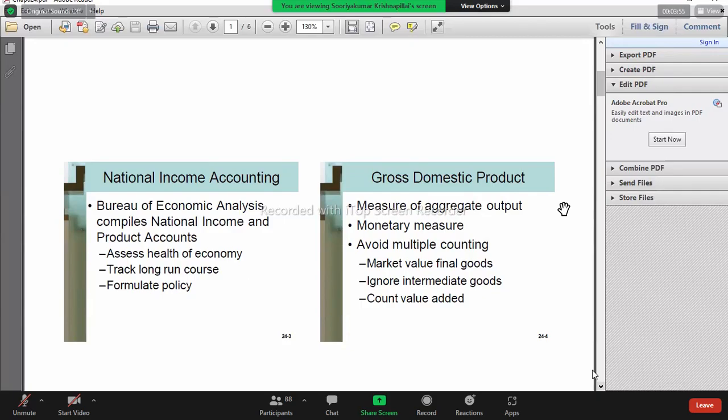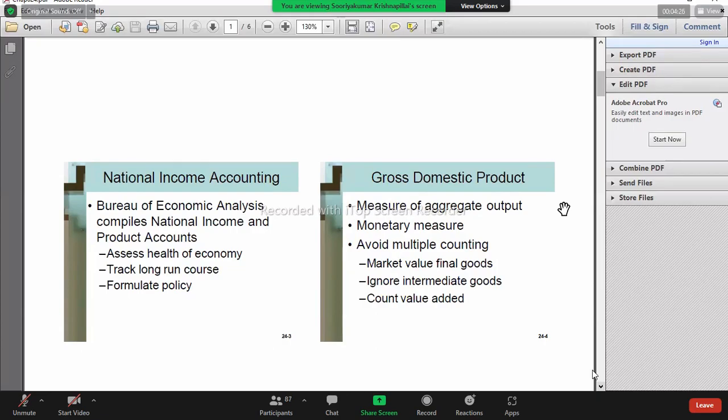Domestic product, GDP, is the product produced in the economy. We produce goods and services, so we value all the goods and services produced in a country during a period.